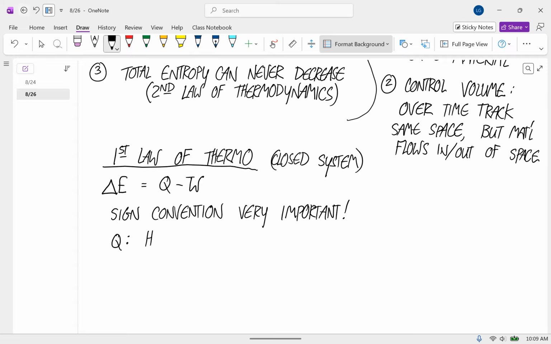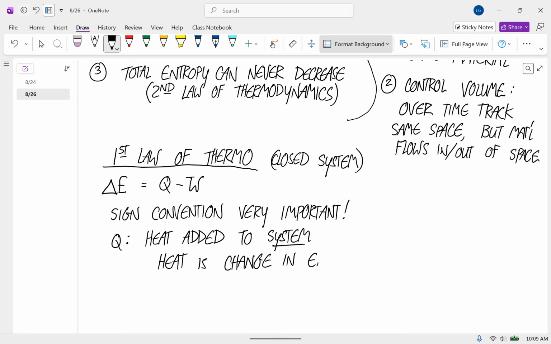So Q is the heat added to the system. And the meaning of heat is a change in energy due to a temperature difference.